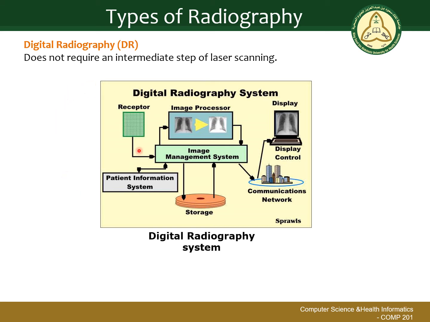Through the receptor, the images will be taken from the patient, and will be processed digitally without the need for a laser to scan it, and it will be saved in the storage area through the use of the image management system.